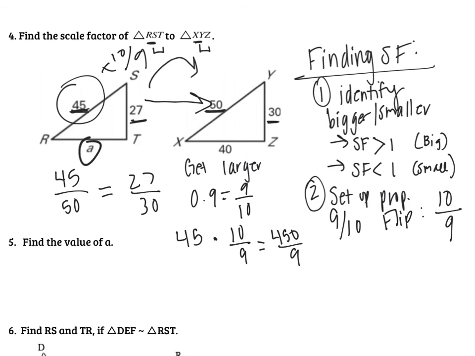So 450 divided by 9, which is 50. So that scale factor just tells me what do I have to multiply each side by to get the sides on the other shape. So to go from XYZ to RST, it would be 9/10 because I'm getting smaller. So remember, getting smaller means it's less than 1. Getting bigger means it's greater than 1.